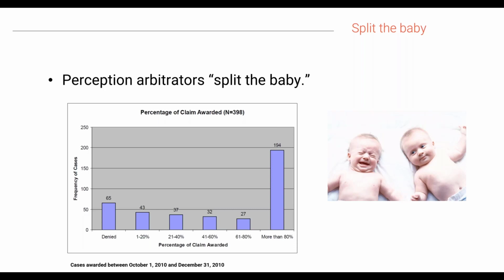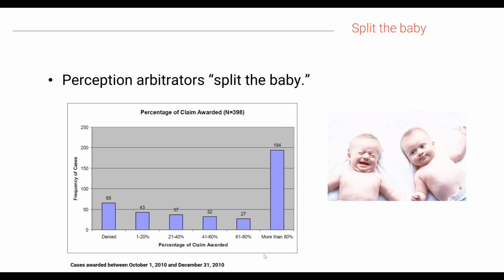As you can see on this graph, this is one of many studies that have been done. Only 7% of the cases are awarded in the mid-range of 41 to 60% of their filed claim amount, and 93% were awarded outside of the claim mid-range. So it's really an unfounded perception. It's been kind of debunked by many studies in that regard.